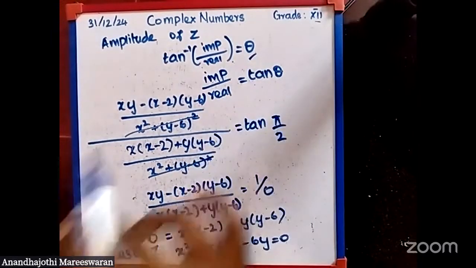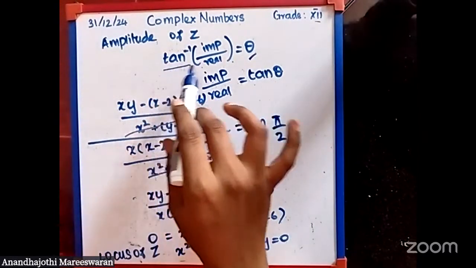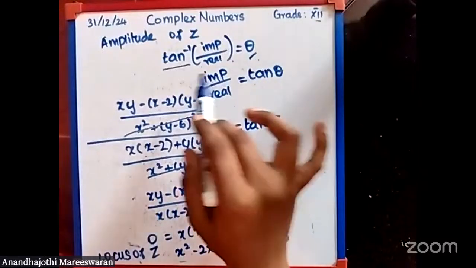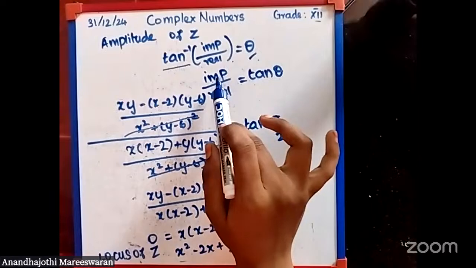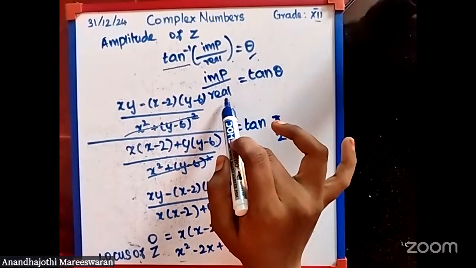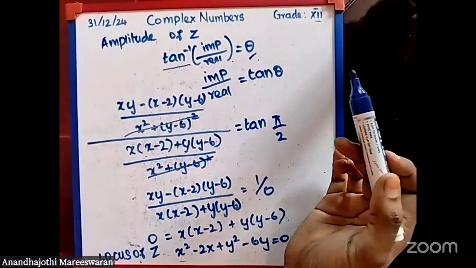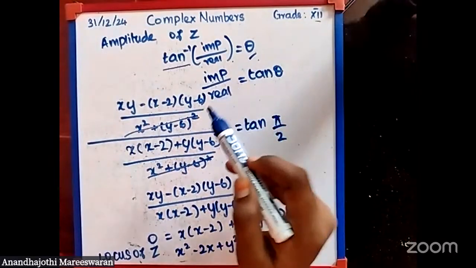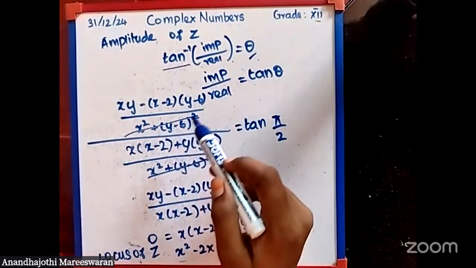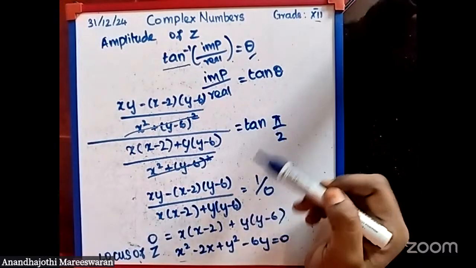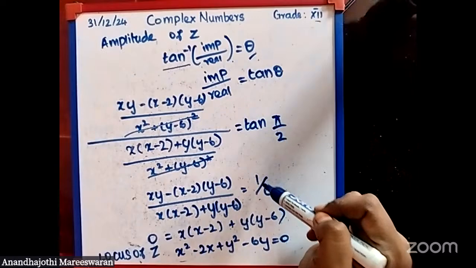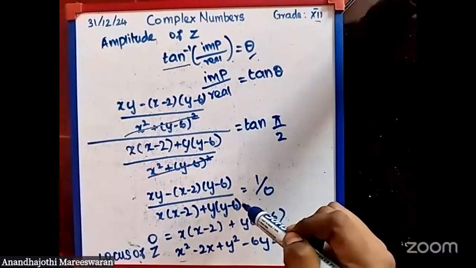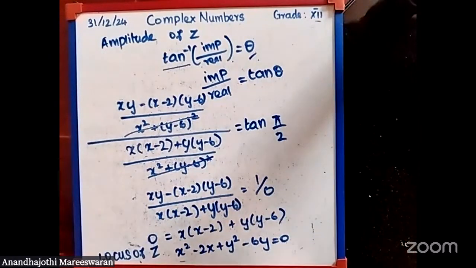For our convenience, I move this tan inverse to that side, so it becomes tan theta equals imaginary part by real part. From the above solved equation, we substitute the imaginary part and real part. We cancel the same terms and simplify it. For tan 90 degrees, it will be 1 by 0. We cross multiply it and simplify this. So the final locus is here.